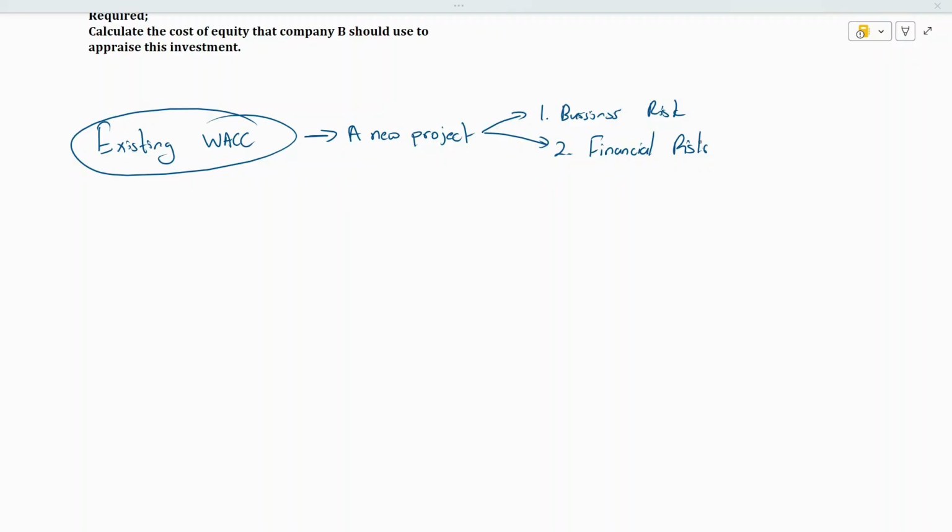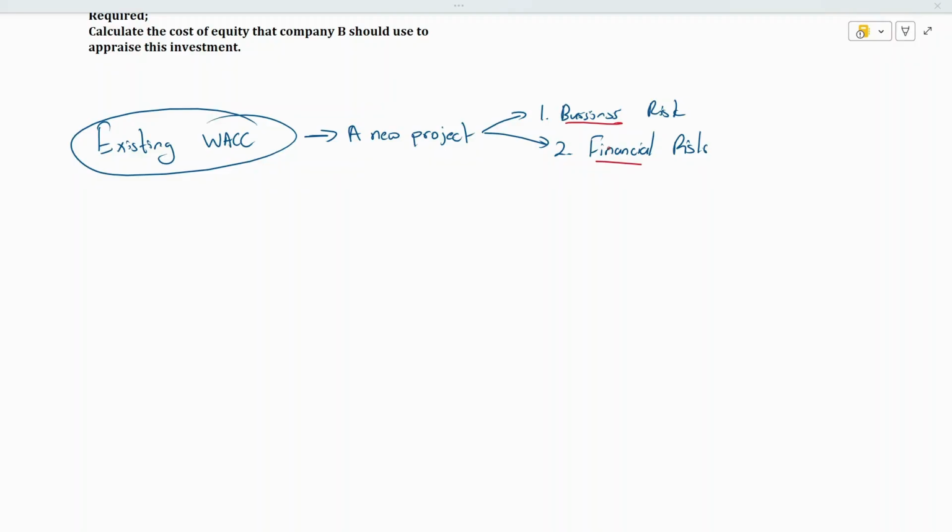But now let's assume one of the two is changing. Both can change at the same time, but let's assume one of the two is changing. If the company's business risk or financial risk is changing, that means the overall risk of the organization is changing. If the overall risk changes, then ideally the investors, the equity holders, will expect a different level of return, which will lead to a different WACC.